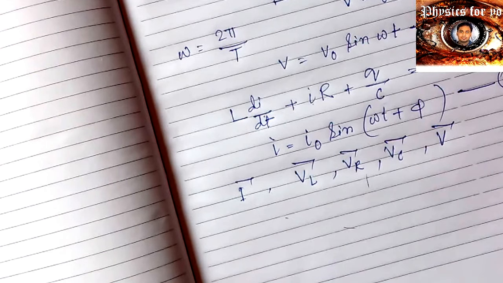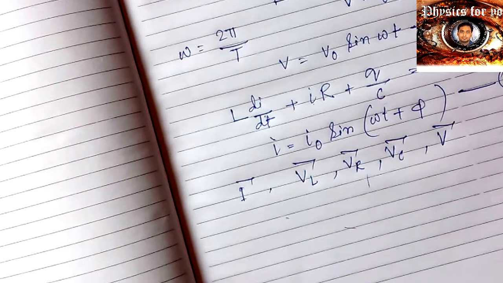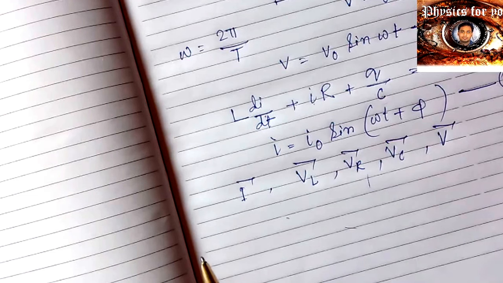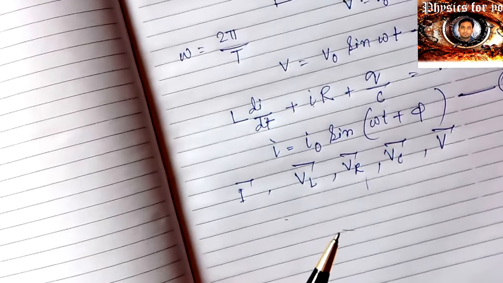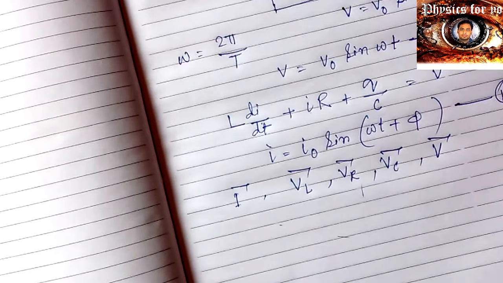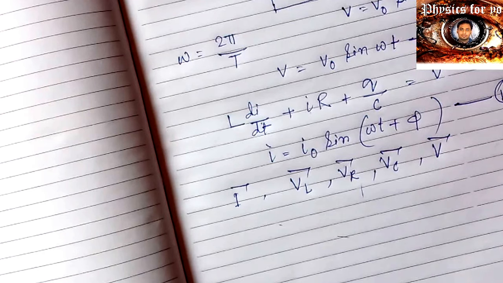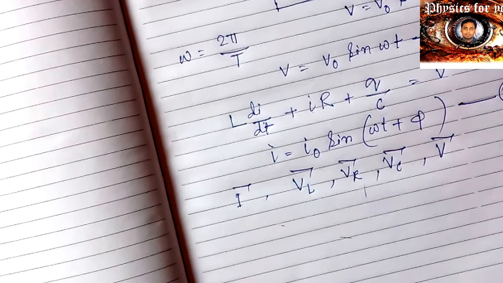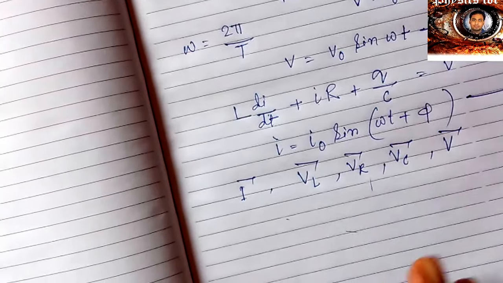From the previous session we know that VR, the voltage across the resistance, is parallel to the current, that is, voltage and current are in the same phase. Again VC, the voltage drop across the capacitor, is pi by 2 behind the current, and VL is pi by 2 ahead of the current. VL, VR, VC and I can be drawn in a phasor diagram.